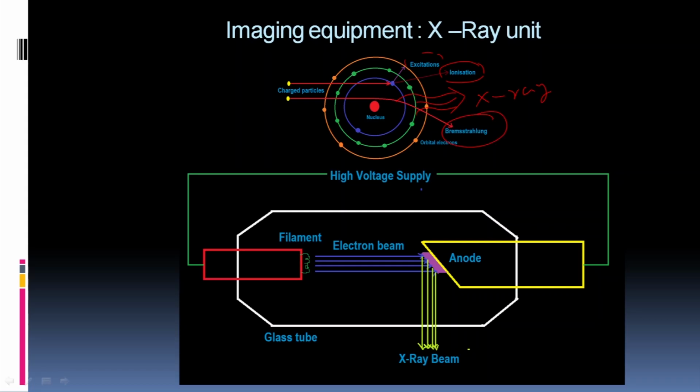Now here is an X-ray tube. There is a glass tube, a sealed tube, and a high vacuum is created within the tube, and here is a filament circuit, and here is an anode which is connected to the high voltage supply.